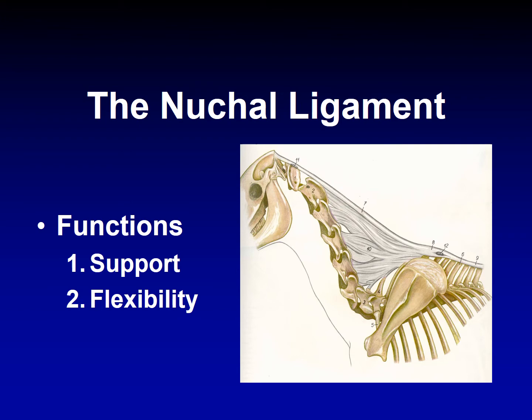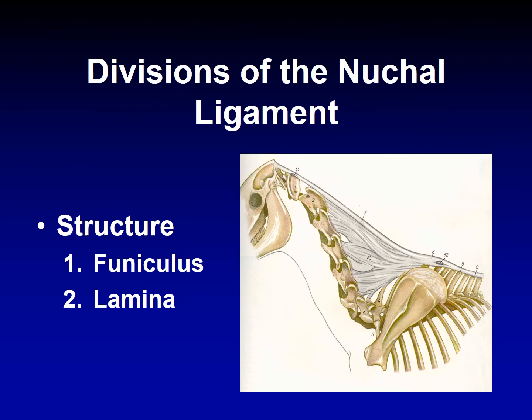And the nuchal ligament consists of two parts: a cord-like structure and a lamina type structure.